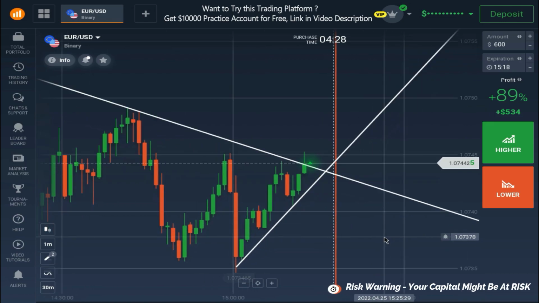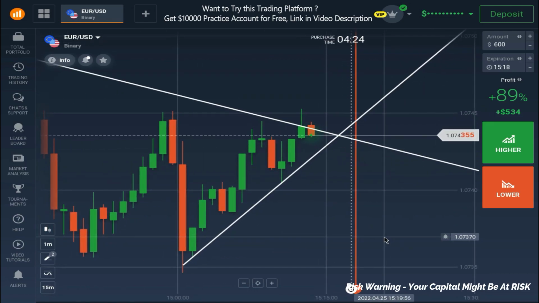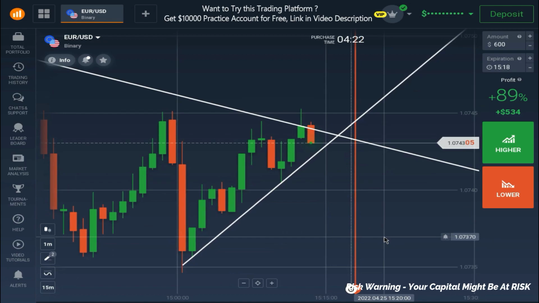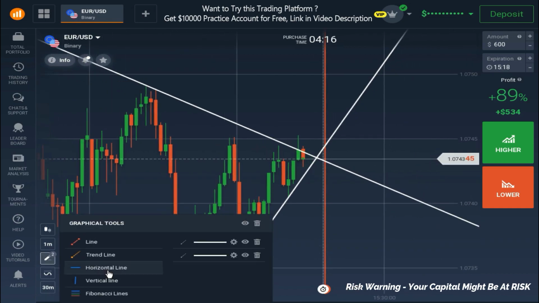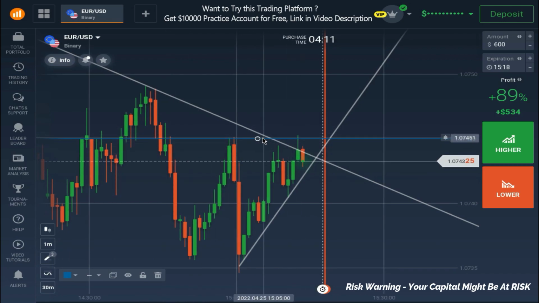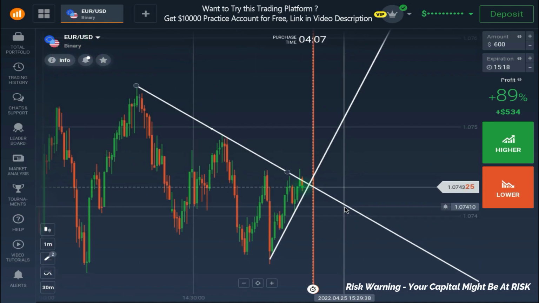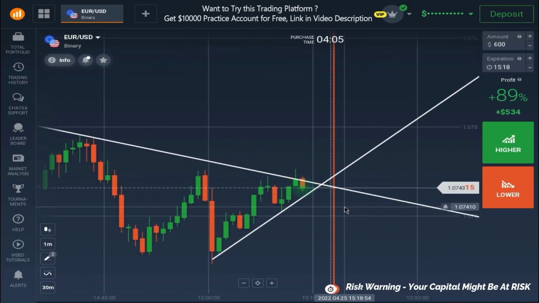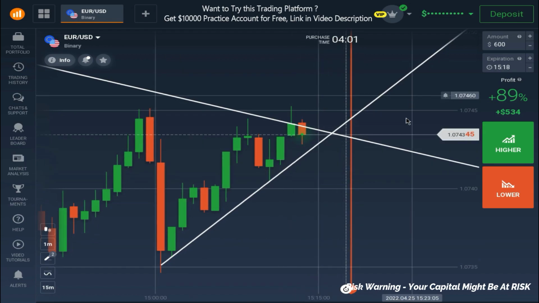Okay, it again closes below the level. You can see this is a horizontal resistance level, and that's why market is respecting this level. I'm still in favor of market going in the downward direction if we get a breakout.